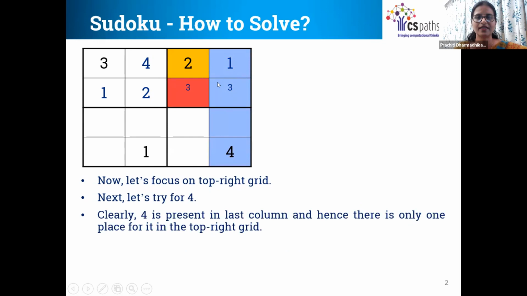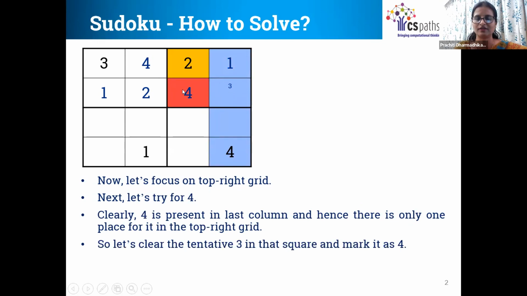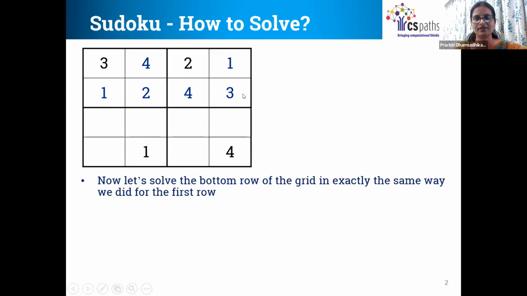So in this cell, we cannot have 4, right? So now here 4 is not possible. So the fixed position we can have for 4 is this one, right? So now we have fixed the position of 4 and 3 likewise. So here we have completed the second mini grid also.